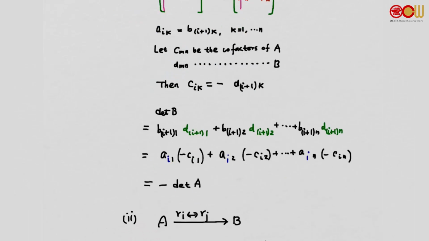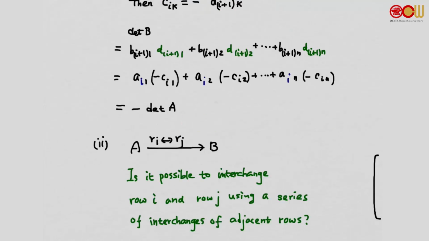Now let's consider the more general case, if we interchange row i and row j. We have already talked about interchanges of adjacent rows. Now, if we want to interchange row i and row j, is it possible to interchange these two rows using a series of interchanges of adjacent rows?